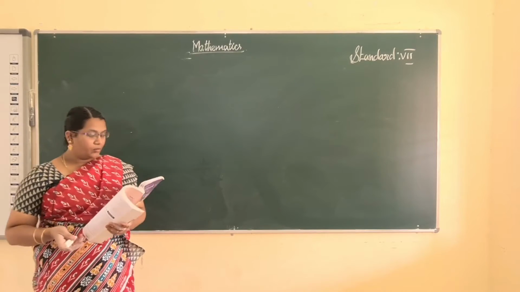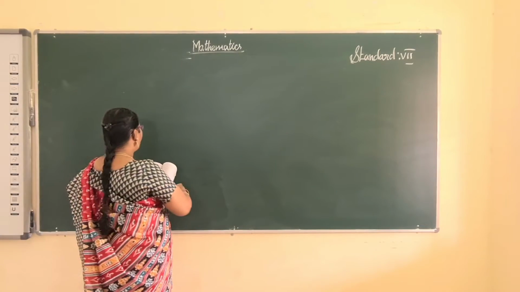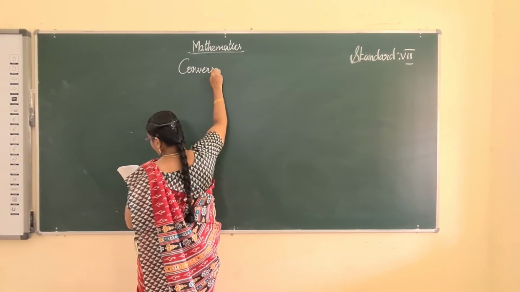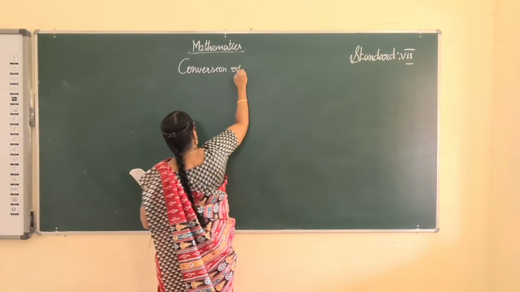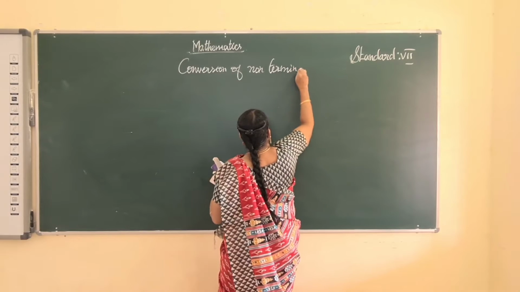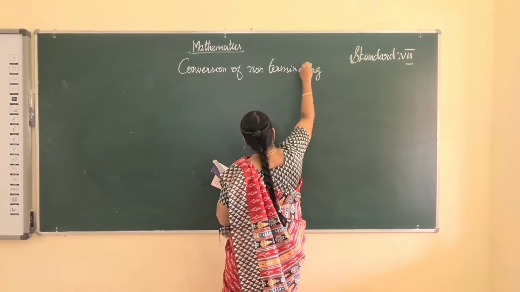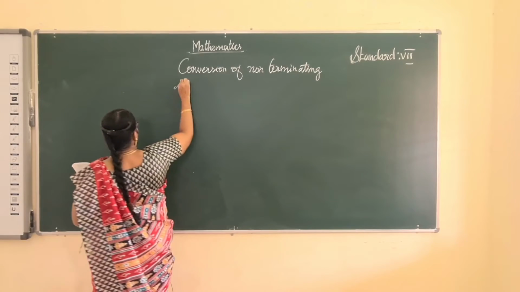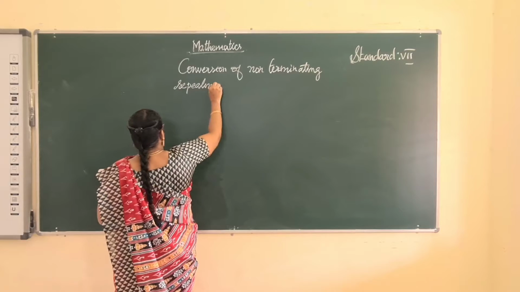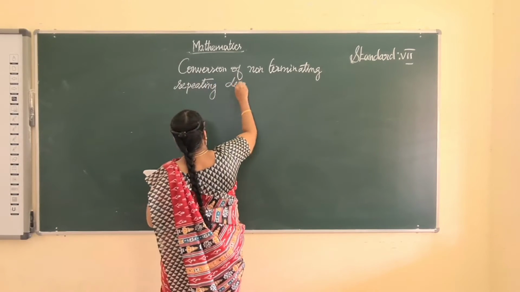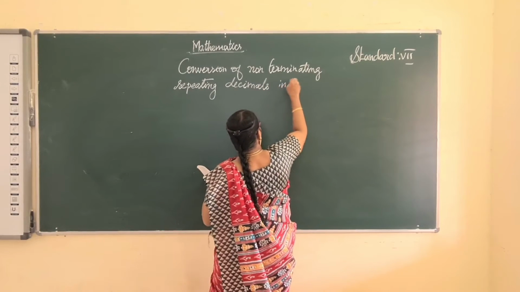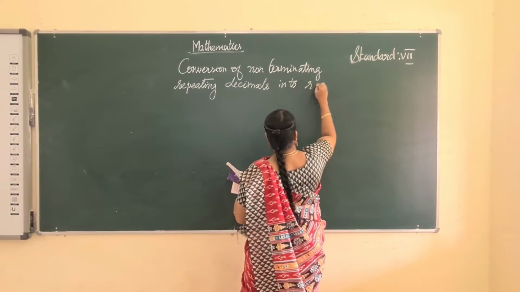Today we will learn about the conversion of non-terminating repeating decimals, that means recurring decimals, into rational numbers.